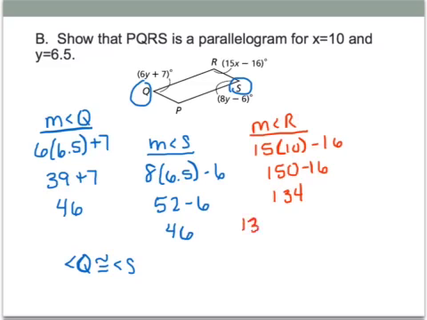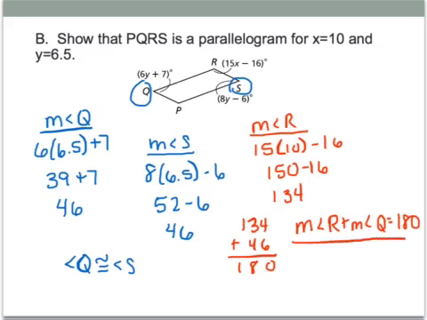Alright, 134 plus 46 gives us 180. So R and S are supplementary, and then therefore R and Q would be supplementary. So yes, PQRS is a parallelogram. And you may want to just make a note that measure of angle R plus measure of angle Q equals 180. So there's our justification.